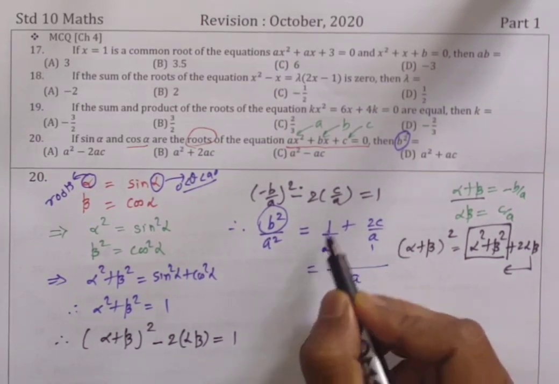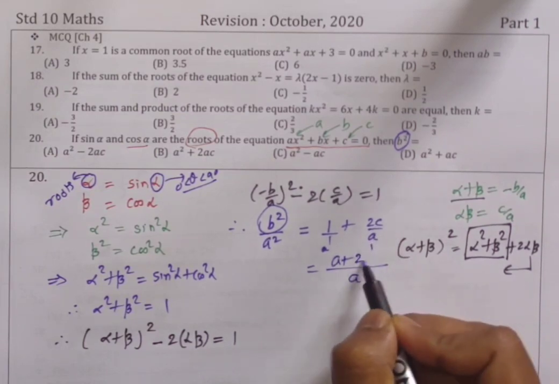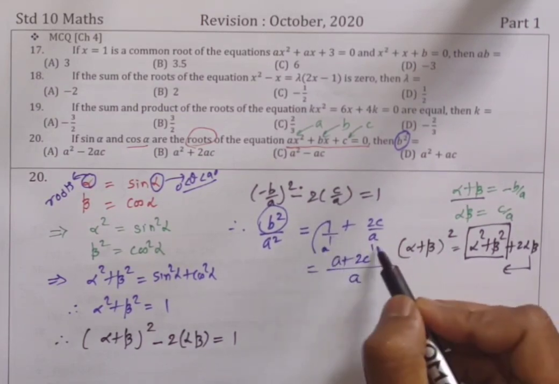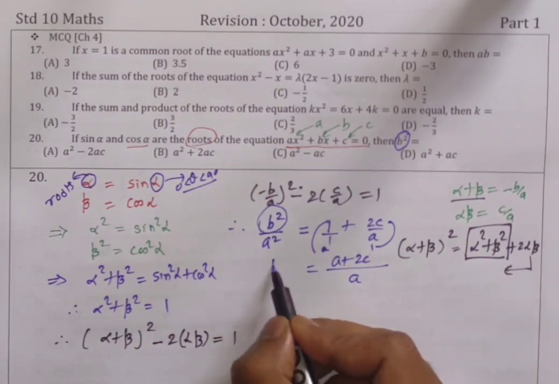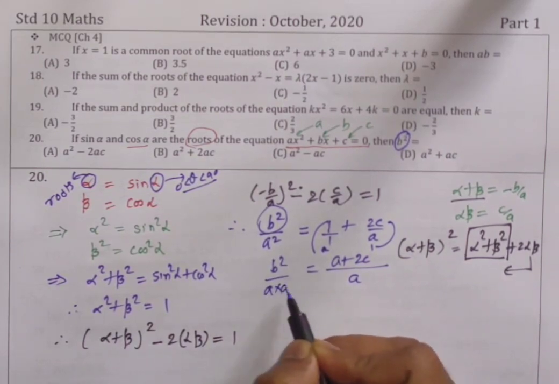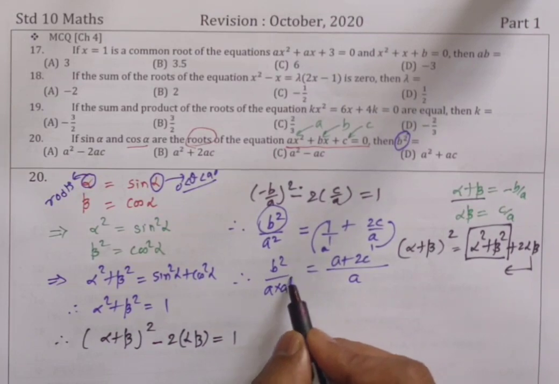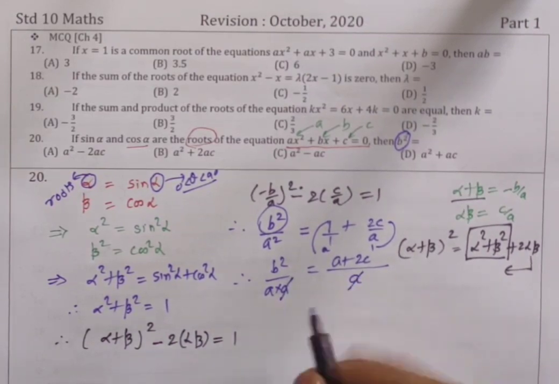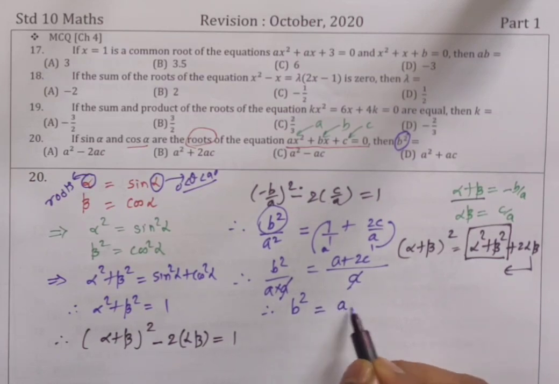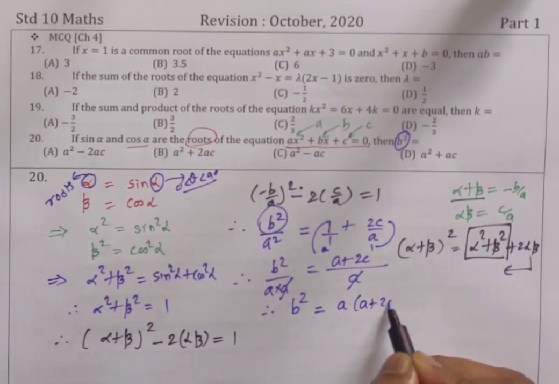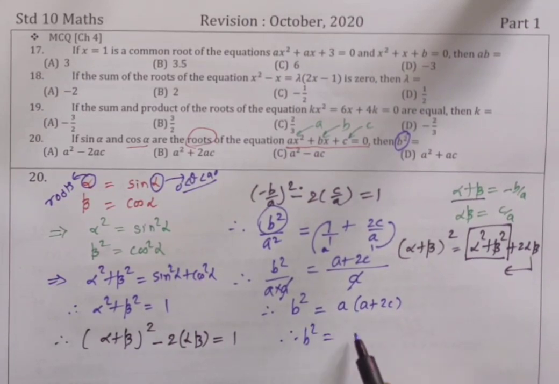A's are 1's, a plus 2c. 1 into a is a, 1 into 2c is 2c. That is equal to b square upon a into a. A square, I am writing a into a. So one a cancels. Take the other a to the other side. Therefore, b square is equal to a into a plus 2c. Therefore, b square is equal to a square plus 2ac.